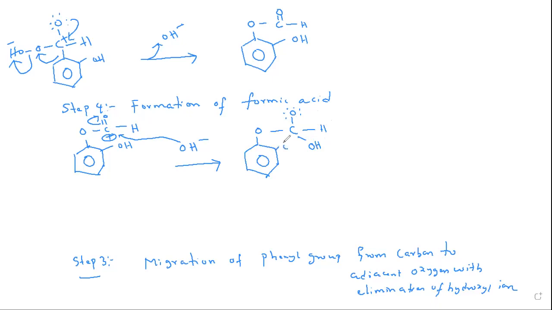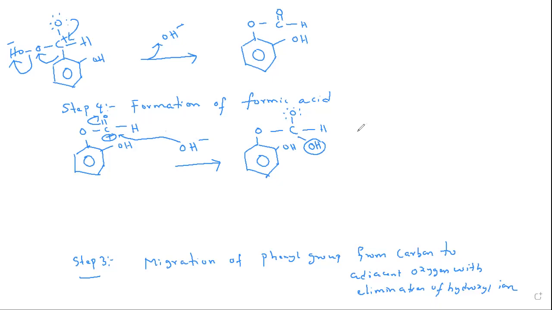Of course, you'll have one OH also here, the same OH I have written here. So this is a new OH which is formed. This OH minus is going to attack the positively charged carbon. Therefore, carbon will form a new bond with the hydroxyl group.